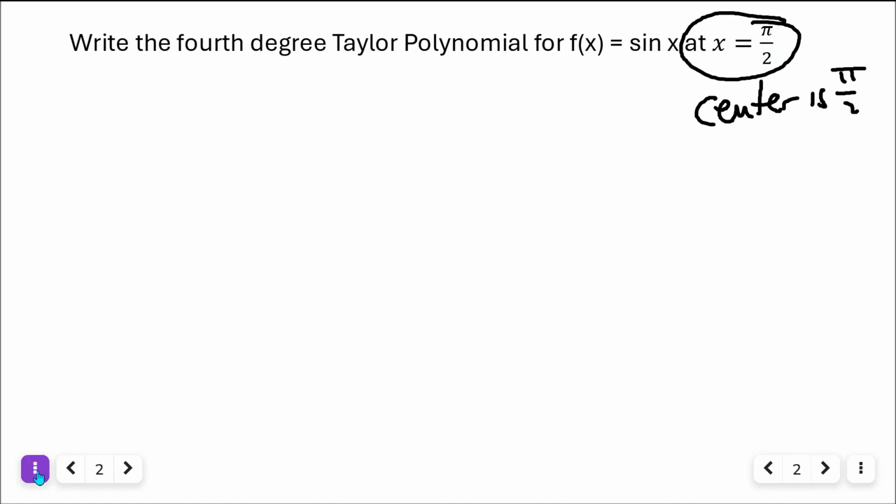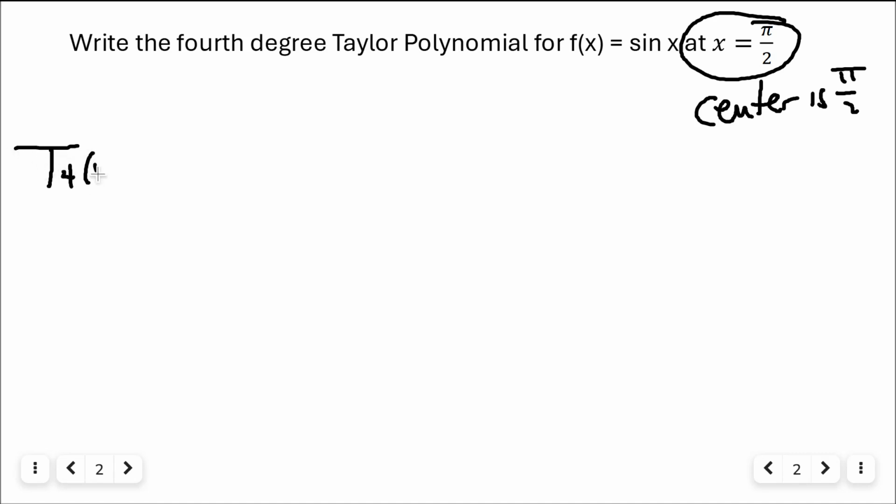All right, so now the first thing I'm going to do, and I'm going to suggest you do it every time, is write out the formula for the fourth degree Taylor polynomial, so that we can literally just take values, figure them out, and plug them into the formula, and we'll have our answer. We'll see everything we need to be able to get the answer.